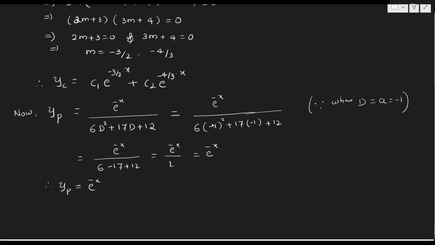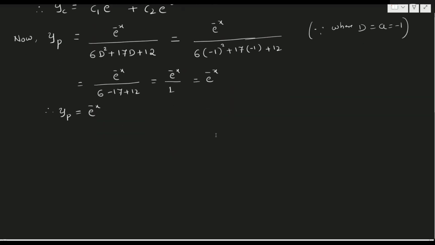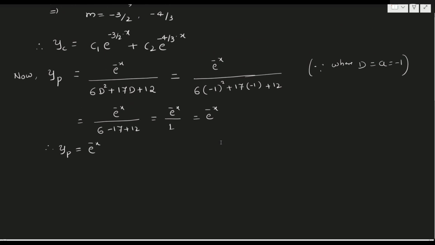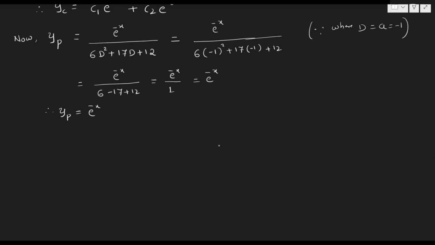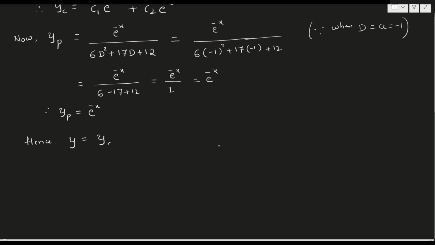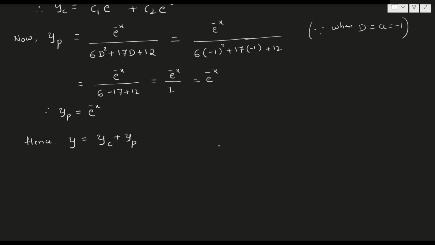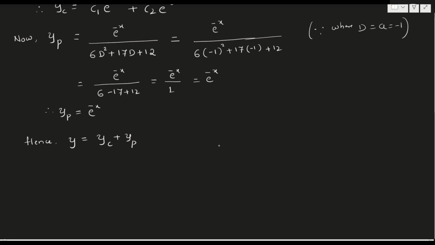Now, this is not the solution. The general solution is the sum of the complementary solution and the particular solution. Hence y, our solution, is y equal to yc plus yp. Your general solution, or complete solution, is the complementary function and particular integral.